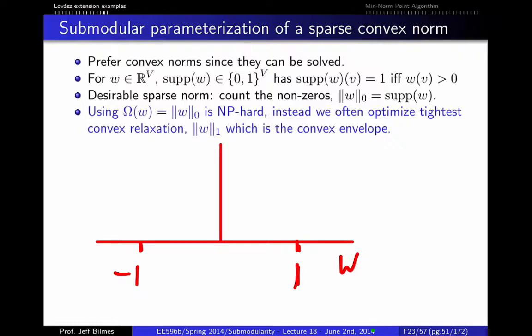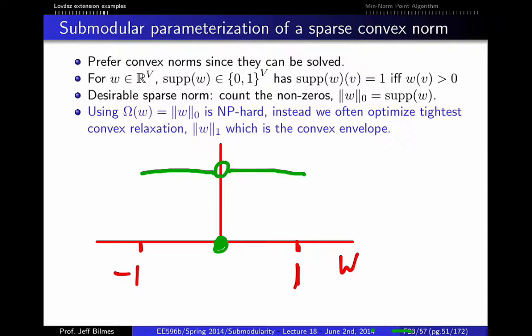So essentially, we're going to have a penalty of 1 for all non-zero values, except it's going to have open circles here and there. And as soon as we have coefficient 0, we're going to have a penalty of 0. Okay, so that's the 0 norm, right?